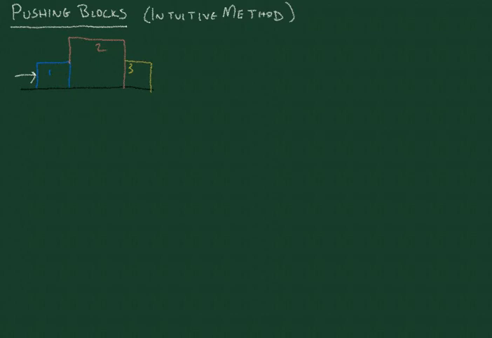Okay, but the way that we would typically look at this if we're solving a problem is we could say, well, we're applying a force F to these masses 1, 2, and 3.